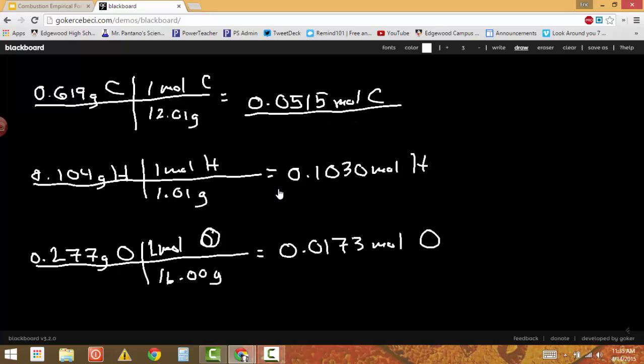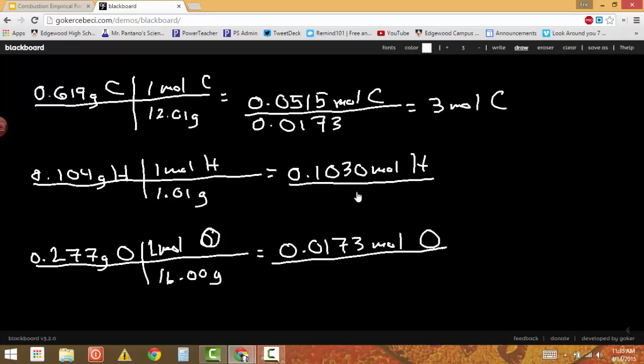Step 3 is to divide each of these by the smallest of the numbers. The smallest number of moles is 0.0173. So I divide 0.0515 by 0.0173. It comes out to be 2.97. Well, we're trying to get a whole number here, so that's 3 moles of carbon. 0.1030 divided by 0.0173 gives me 5.95, but that's 6 moles of H. If you're within 1/10 of a mole, you can round it.